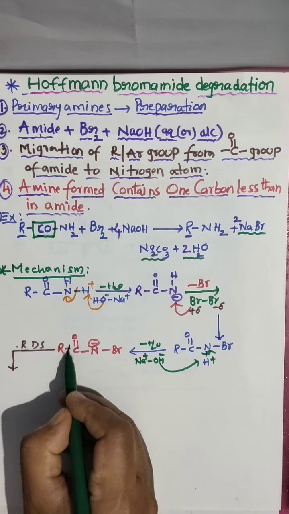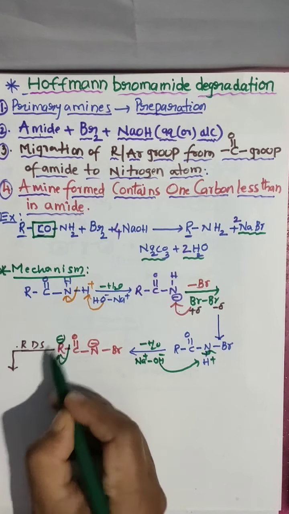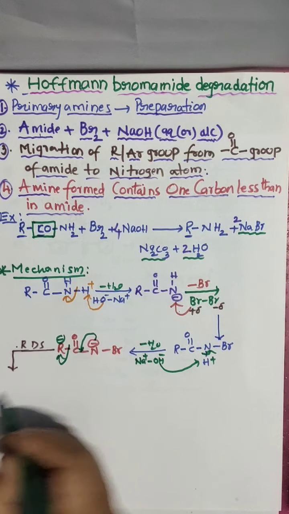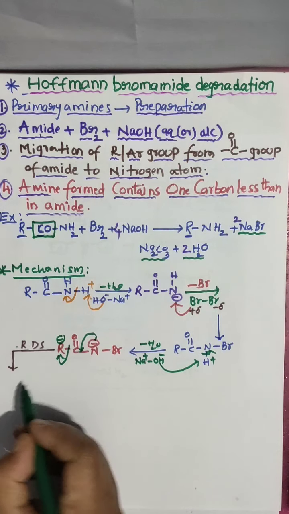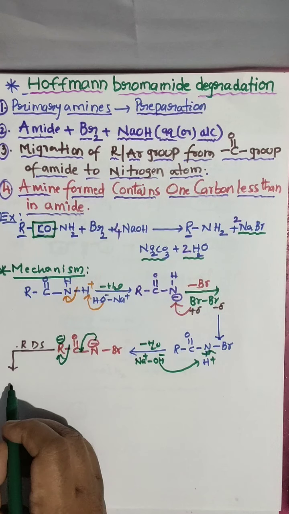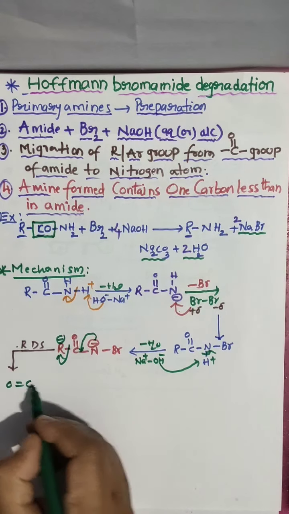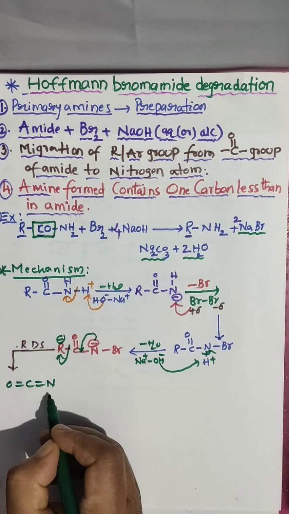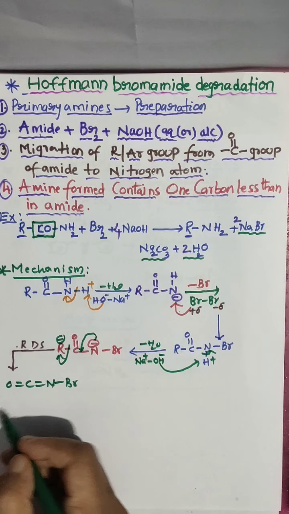So this bond is going to break, and immediately the nitrogen negative charge shifted to here. The respective intermediate you are getting, O=C=N-Br, this is the intermediate you are getting.